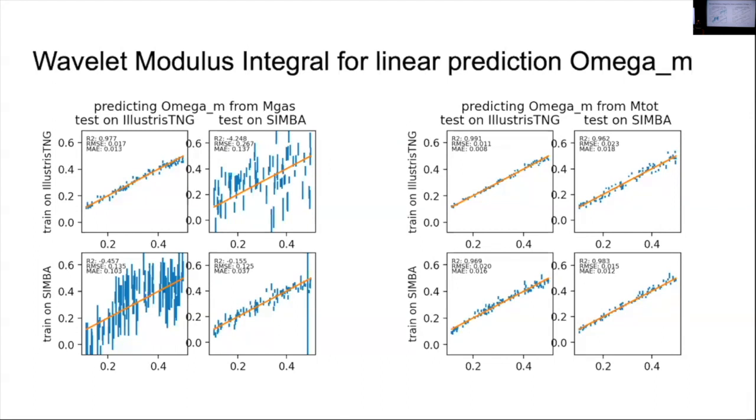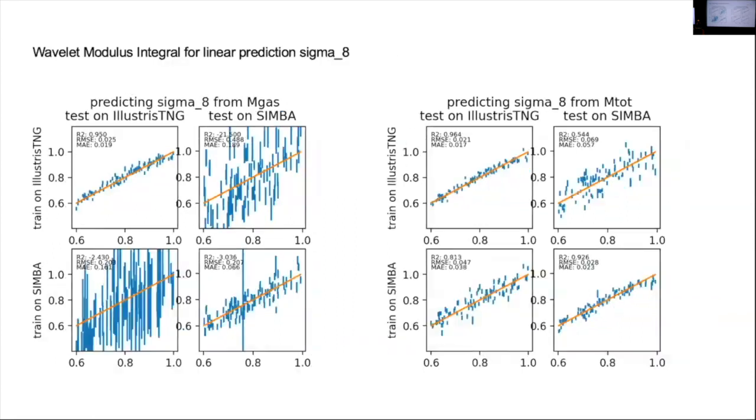However, for the total mass, you can see that you get pretty good error bars and even cross predictions. And this is just using a linear regression on these descriptors. We can also predict sigma 8, and we basically see a similar dynamic. Doing this from total mass works quite a bit better than doing this from gas mass. And I think this is my last slide.